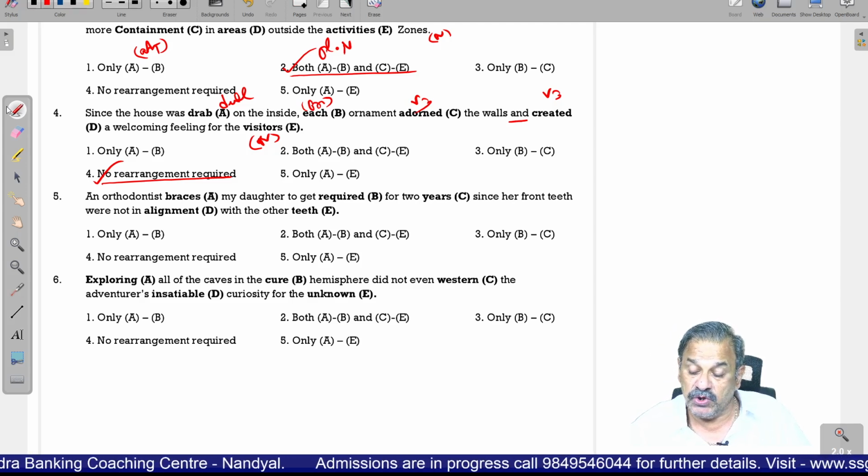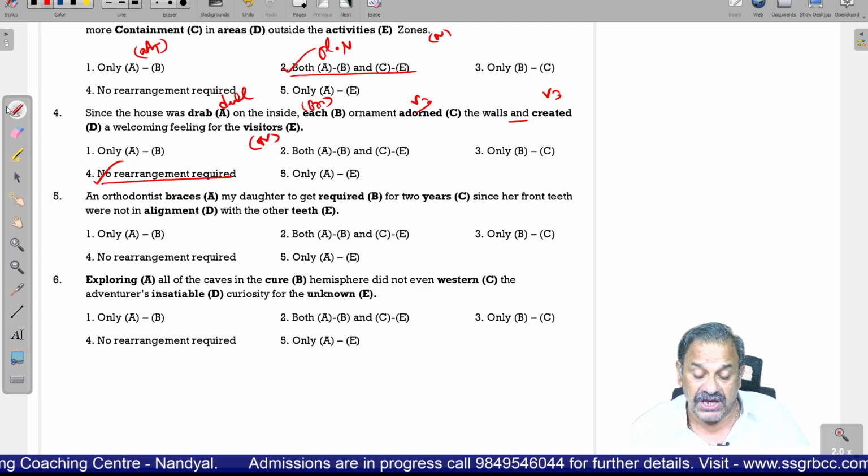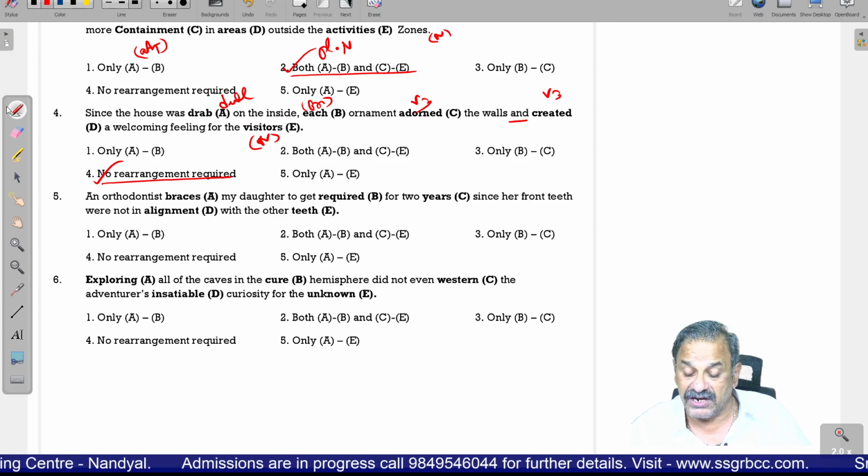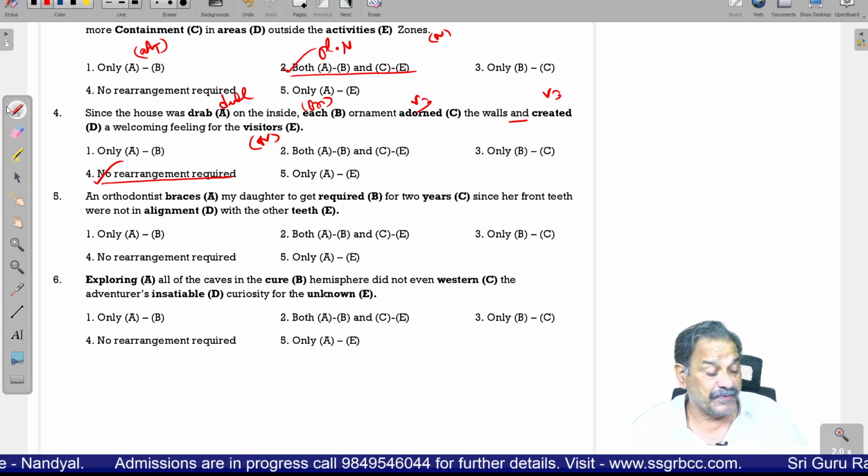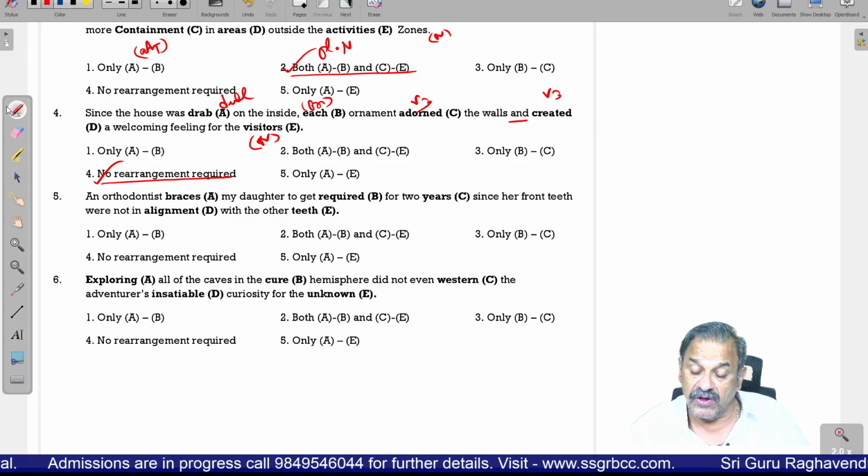So there is no need to swap D and E. Both D and E are correct. There is no exchange of D and E. For a period of 2 years, for 2 years.